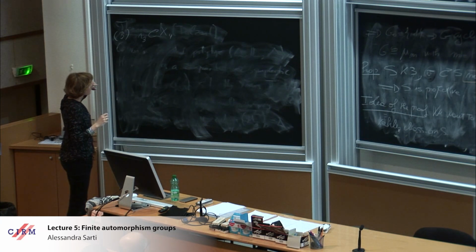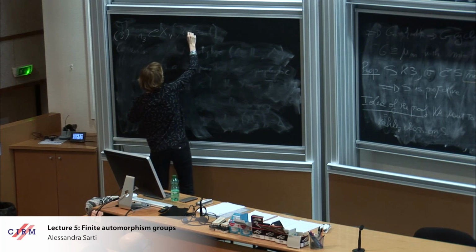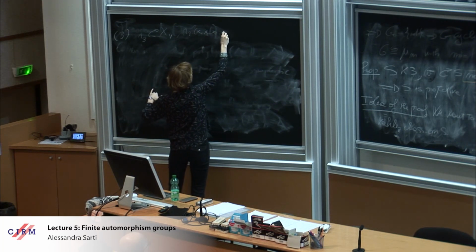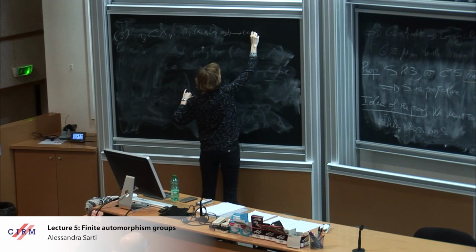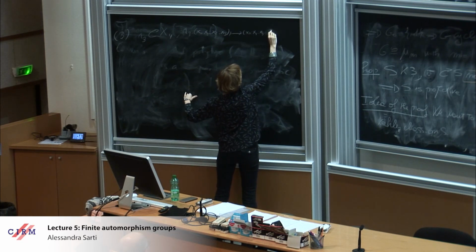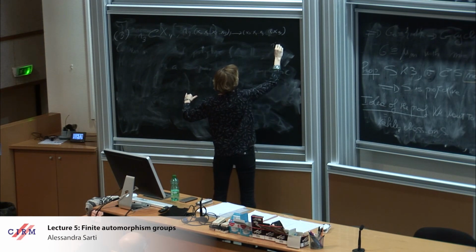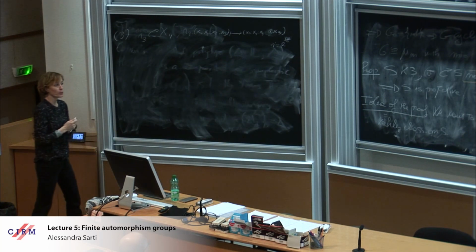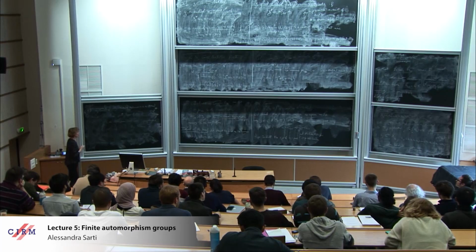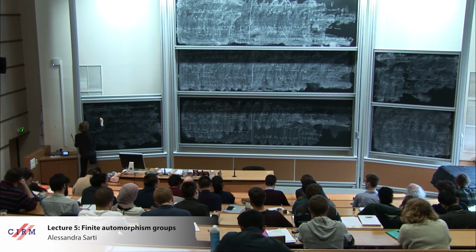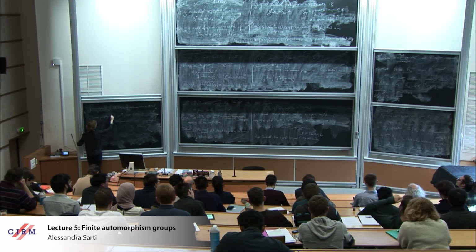On X4, acting in the following way: x0, x1, x2, and x3 goes to x0, x1, x2, and I multiply the last coordinate by the fourth root of unity. Then again, you do the computation there, and you have that iota 3 acts purely non-symplectically.